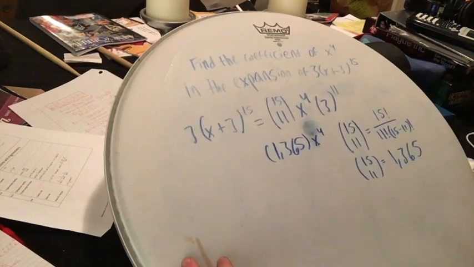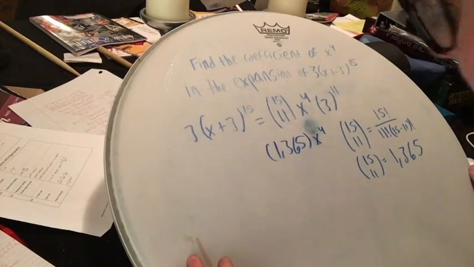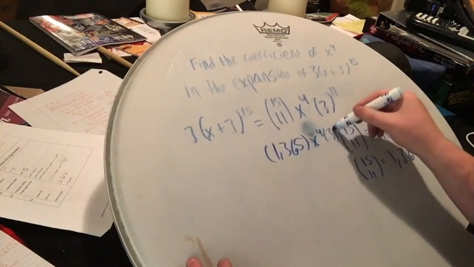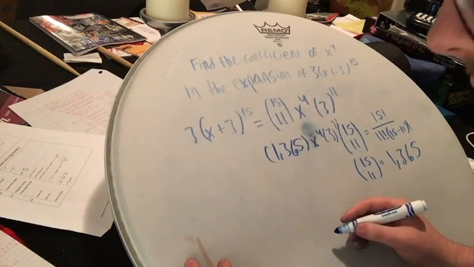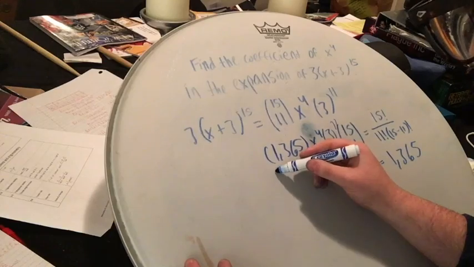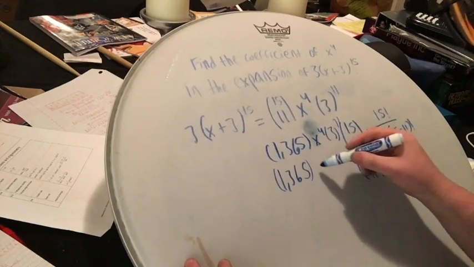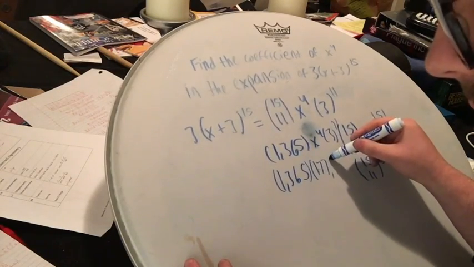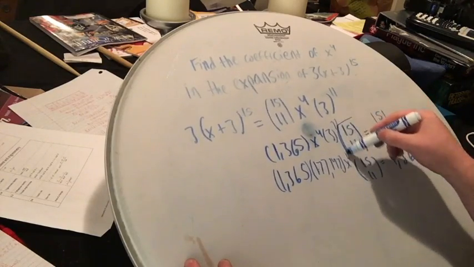And then 3 to the 11th. If you put 3 to the 11th power in your calculator, you get 177,147. So that looks like this, times x to the 4th. This stays over here.